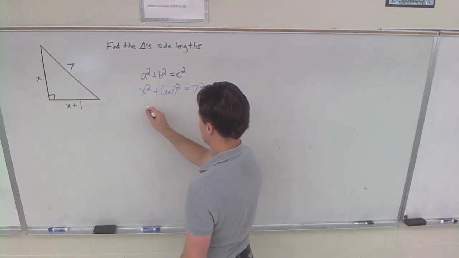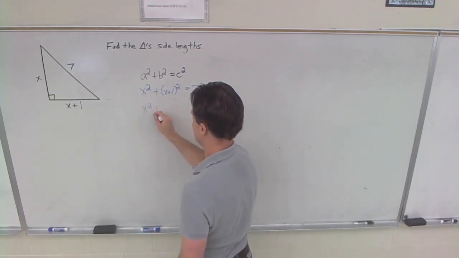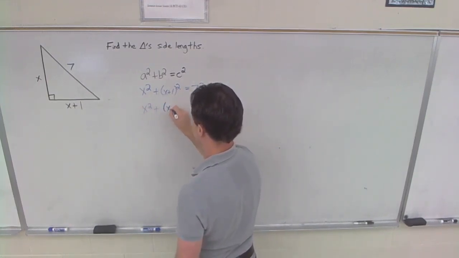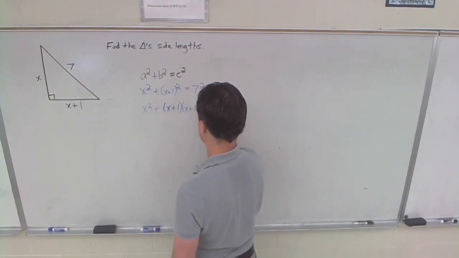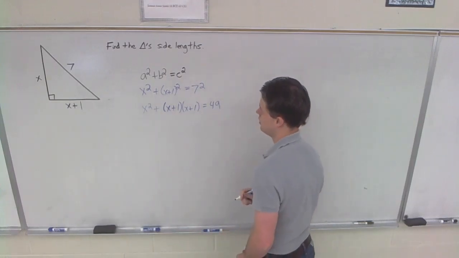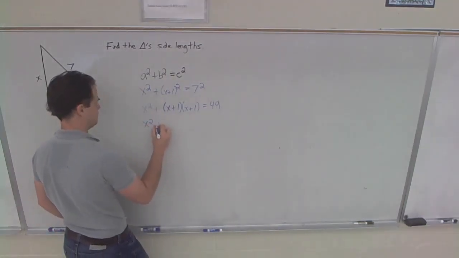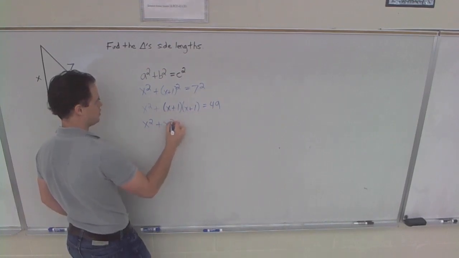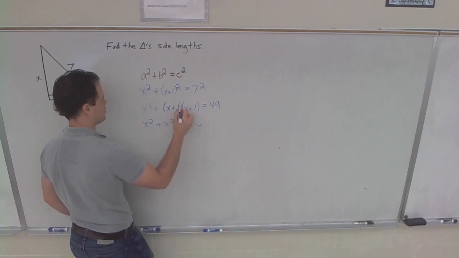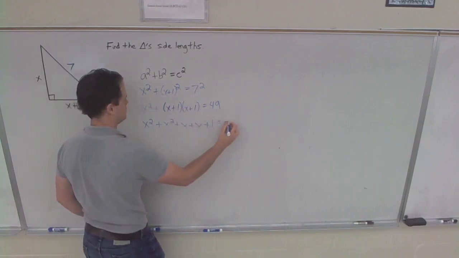Okay, so now I'm going to simplify. This is x plus 1 squared, so I have to expand it. There's 49 over there. So then this guy, I'm going to expand it, distribute it out. So we get an x squared, we get an x, another x, and 1.